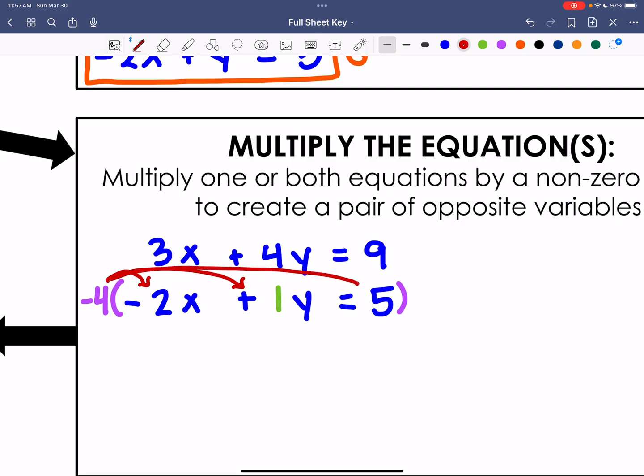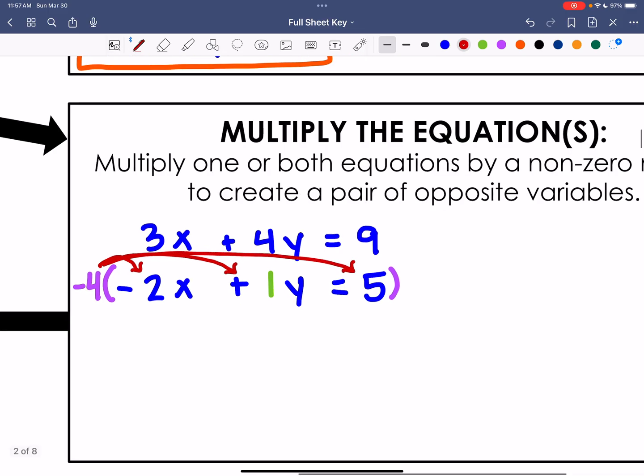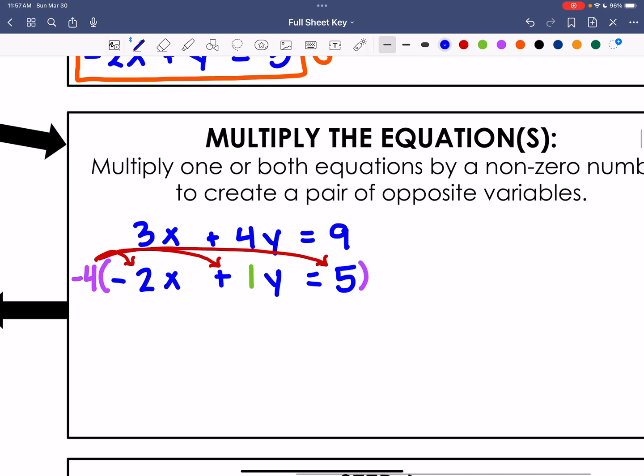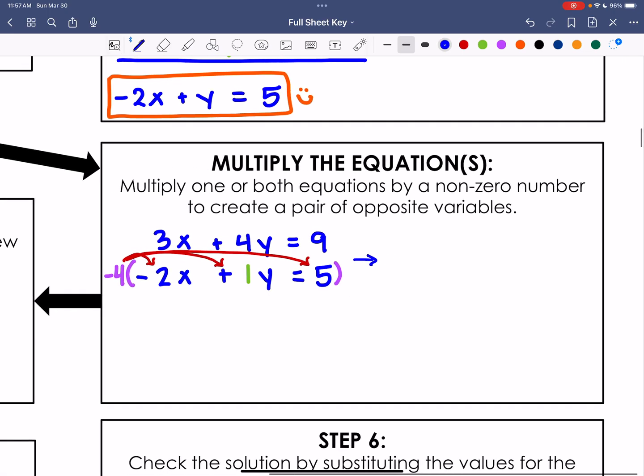Just make sure you don't forget any of the terms. While we're doing that though, just remember we're not making any changes to the top. We chose to do this in a way that we would only have to do one multiplication. So the top equation is still just chilling at 3x plus 4y equals 9.